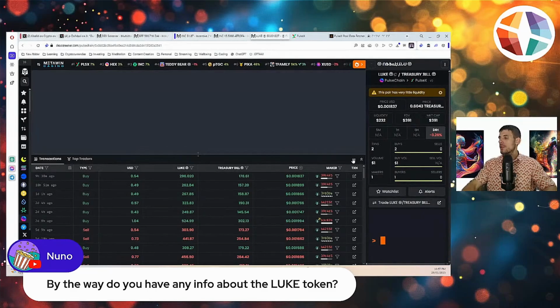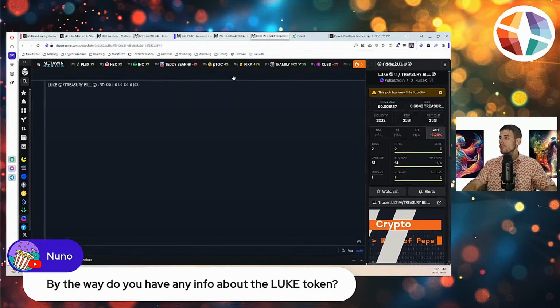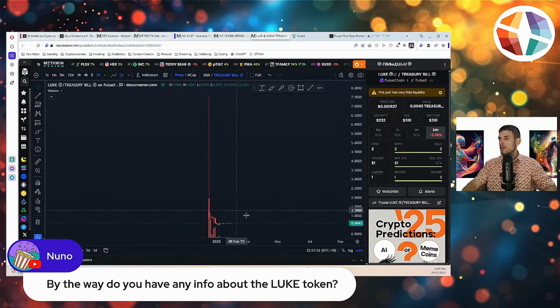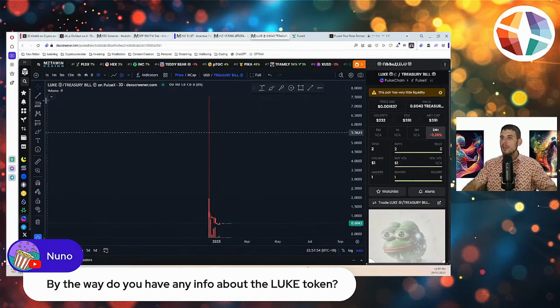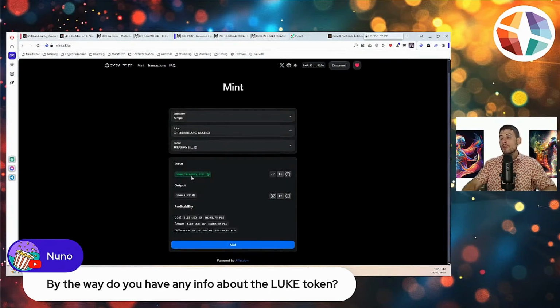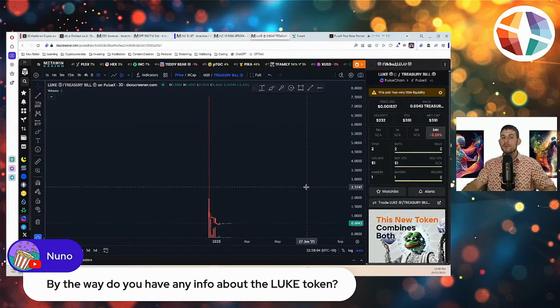All right, so now again, we want to price it in Treasury Bill. So no one's doing anything with these. Basically it should be based on this, because 1,000 Treasury bill burning for 1,000 Luke means the real value of Luke is actually the value of Treasury bills.